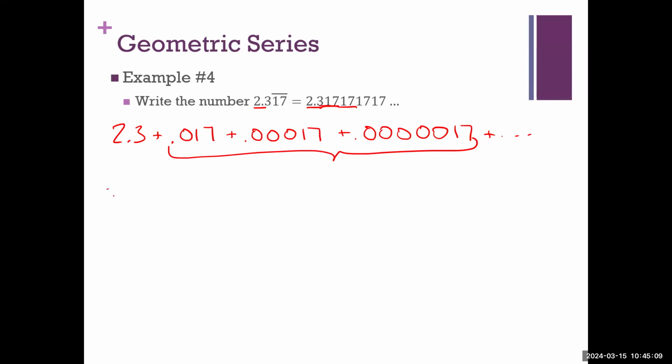So basically I'm going to keep my 2.3, but I'm going to try to write the rest of this as a geometric series. In order to do that, I need to talk about what the common ratio is, just treating the 0.017 and beyond. Any idea what the common ratio will be between successive terms there? What's that?